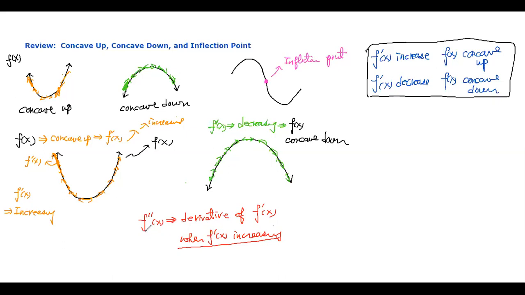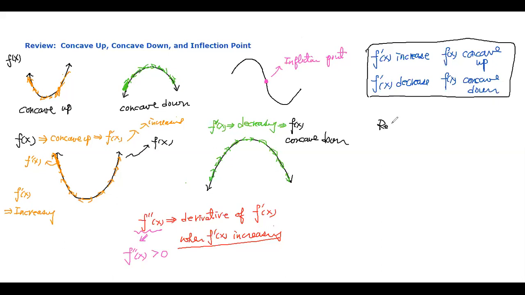Now, because f double prime x is the derivative of f prime x, when f prime x is increasing, what happens to my f double prime x? That means f double prime x has to be greater than 0, right?